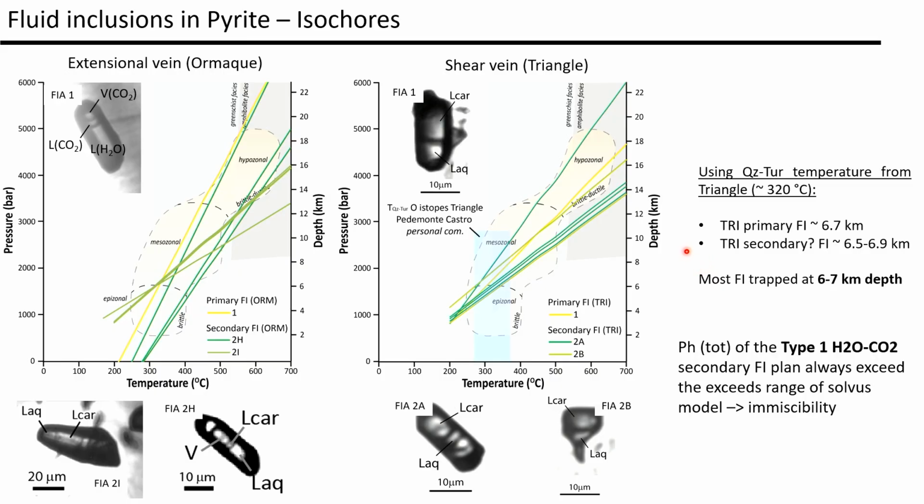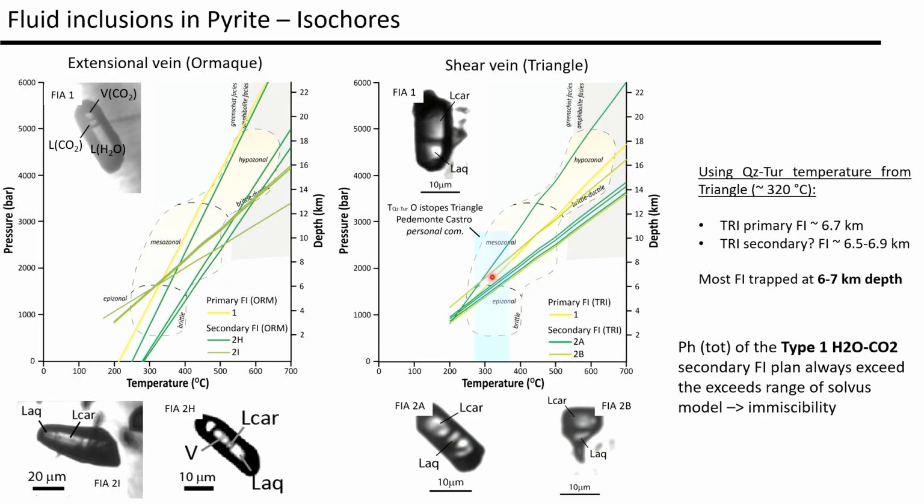And to finish, it's just the first isochore that I've drawn. It's a graph modified from Tuba. All these isochores are only from aqueous carbonic fluid inclusions, so the type 1. The first thing that is interesting to notice is that if we use the temperature that has been defined in the Triangle deposit, around 320 degrees C, it means that the primary and secondary aqueous fluid inclusions are trapped at around 6 to 7 kilometers.